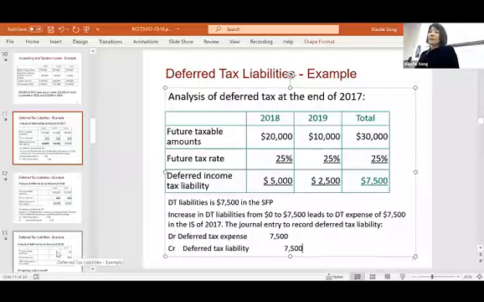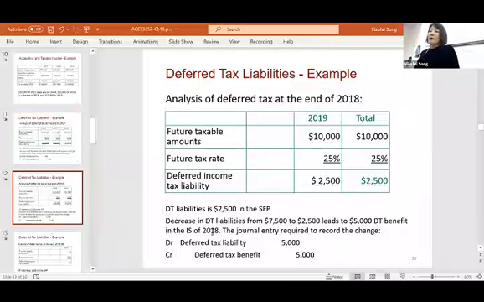Now, a common mistake for 2018 is, oh, you want deferred tax liability to be 2,500, so I credit deferred tax liability 2,500.